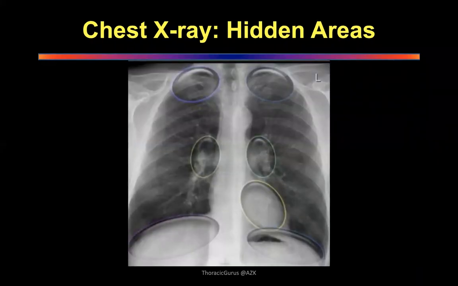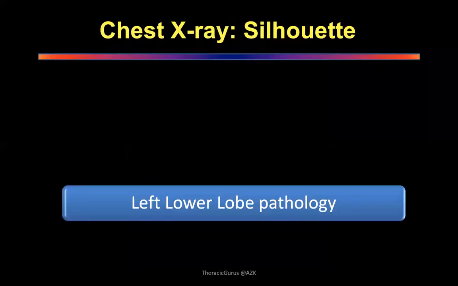So these are the hidden areas of the chest X-ray: lung apex, the hilum, behind the heart and below the diaphragm. So next time you see a chest X-ray, think of me, think of these hidden areas and look for them specifically. Try to identify each one of these areas and see if there is a pathology behind it.